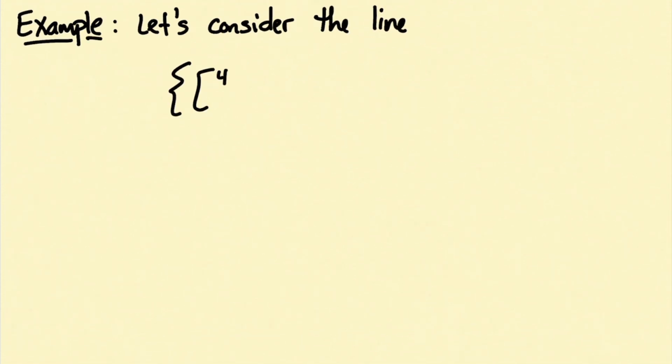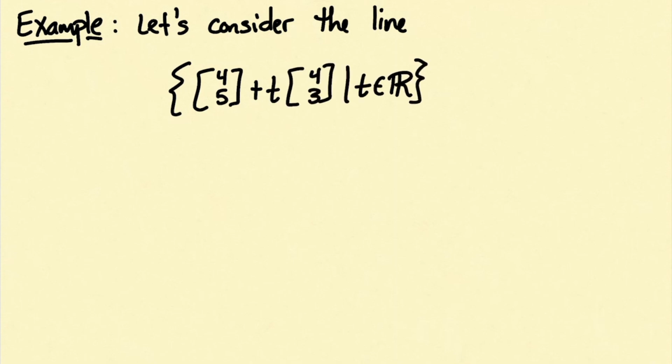So as an example, let's look at our previous line in R2. Our parametric equations, if we read across the top row, the first one is specifying the x-coordinate. So x is equal to 4 plus 4t. And reading across the bottom, our y-coordinate is given by 5 plus 3t. These are our two parametric equations. They are called parametric because our x-coordinate and our y-coordinate are determined by some parameter t.